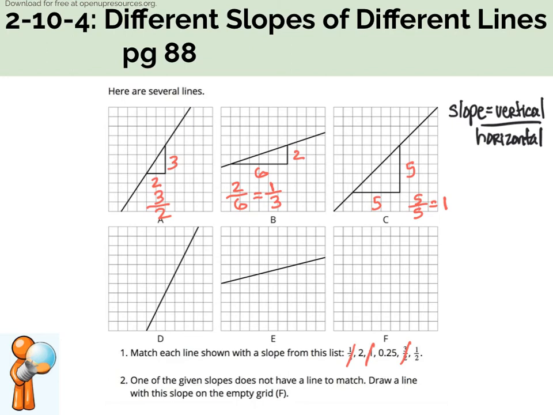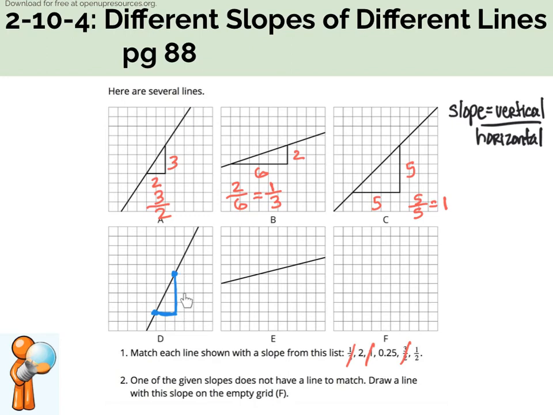Okay, let's look at D. So for D, I don't have a triangle on there, but I can make a triangle, like the ones on the top. So what I did is I picked points on my line that are on the grid. Now let's look at the vertical.